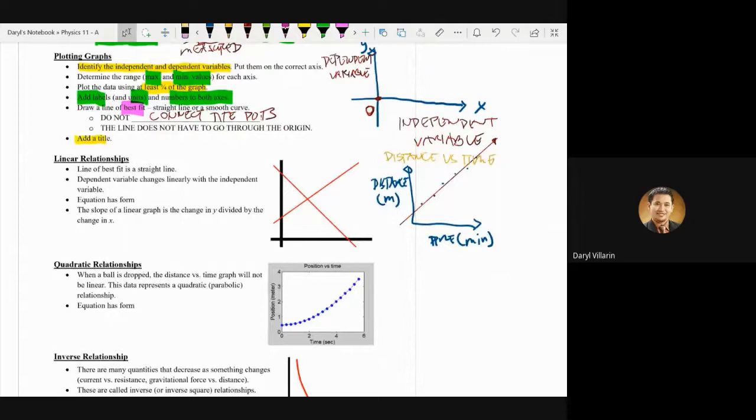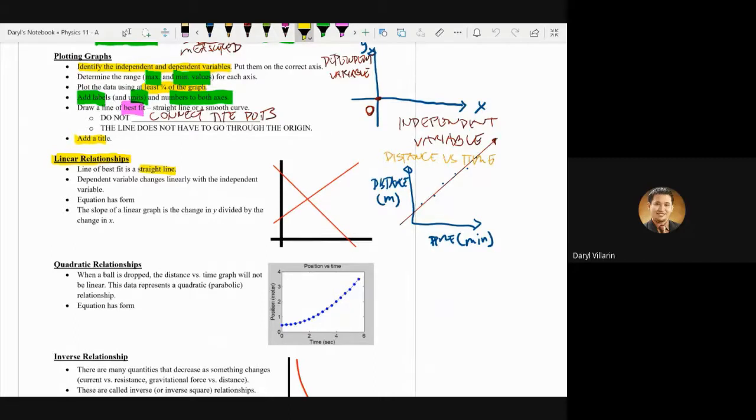As I mentioned earlier, the most common one that you are familiar with is a graph that gives a linear relationship. If you have a straight line, this means that y varies directly with your x.